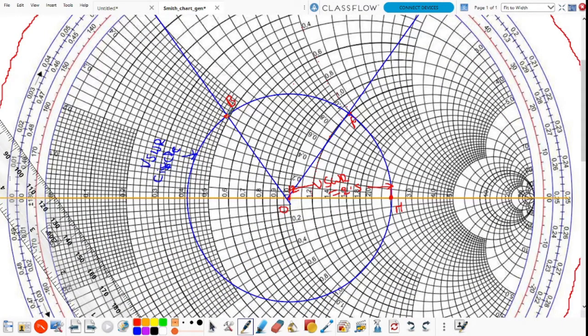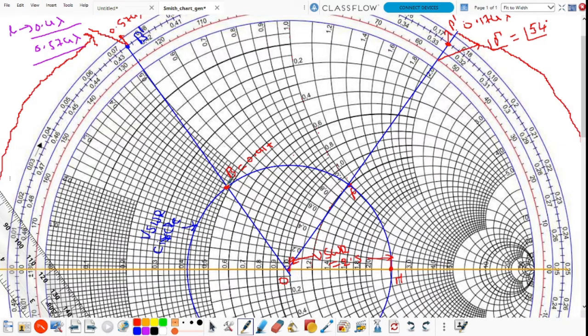At point B, the constant R circle is approximately 0.4 and this is 0.5, approximately 0.41 or 0.42 plus, and the reactance circle at point B is approximately 0.4, so j 0.4. So this is the normalized input impedance.